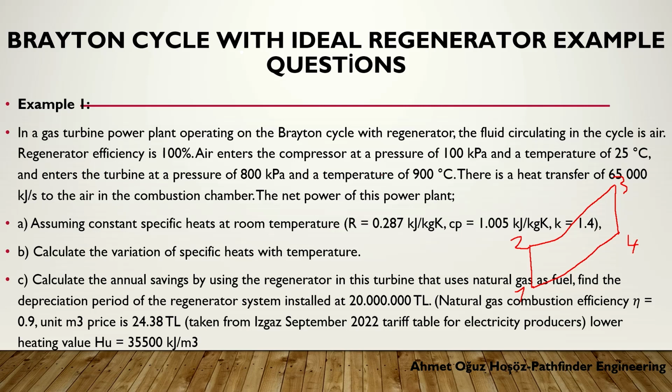Air enters the compressor at a pressure of 100 kPa, which is P1; there is the compressor and there is the turbine. The pressure is constant between 2 and 3 and between 1 and 4.